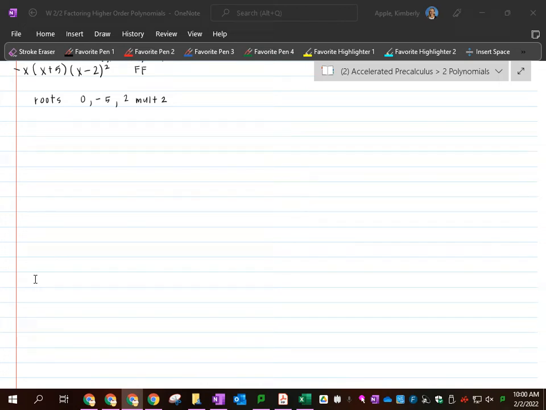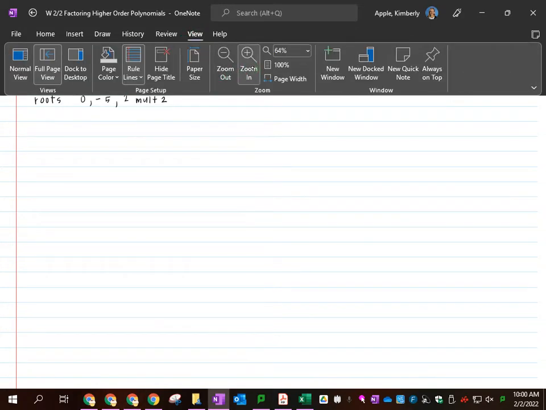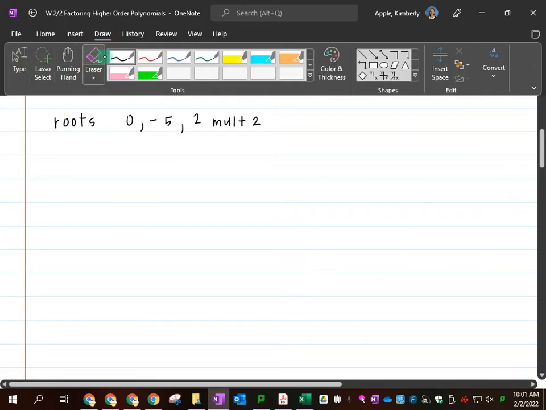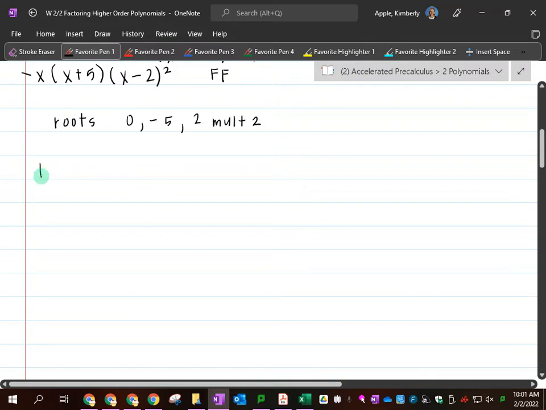Okay, so let's say I give you a problem. Let me make this a little larger. So let's say we have, the problem will be here in black.